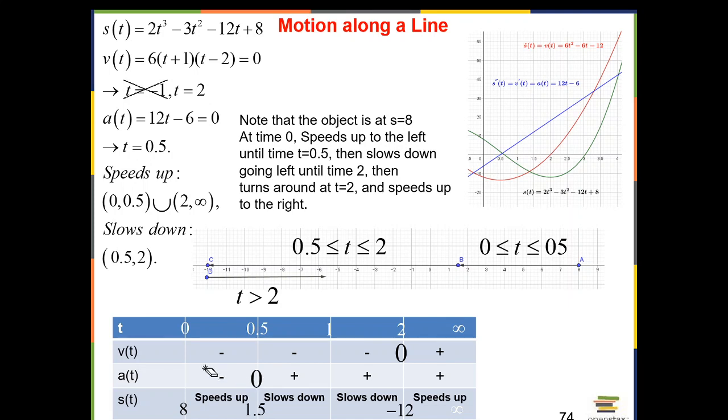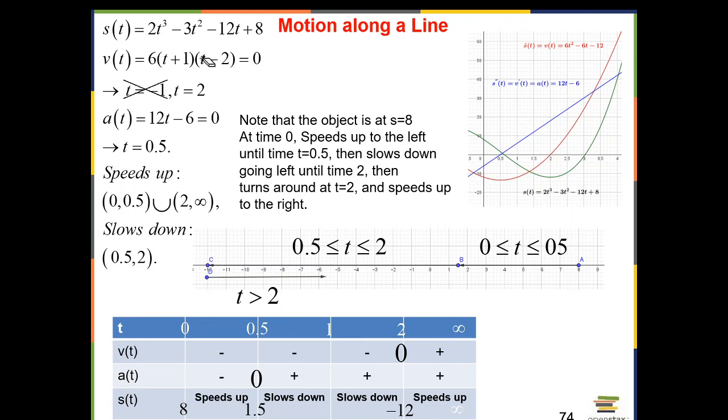Okay, now we're going to do sign analysis for velocity. Now we are not close to -1, so we're going to go around 2, right? So below 2, we pick a number, let's say 1, and we substitute 1 for t in the velocity function. We are just interested in knowing whether we get a negative number or a positive number.